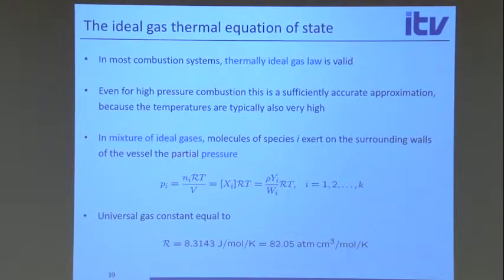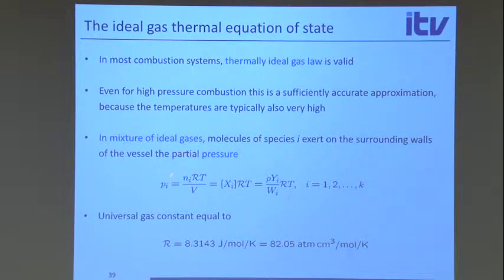So next thing here, the ideal gas equation of state. Everyone knows this. There are 1,000 different forms of how to write this. My preferred form is not even here, but P is nRT divided by V. That's one way to write it. We can write this also for the partial pressure. Pi is then Ni times RT divided by volume.